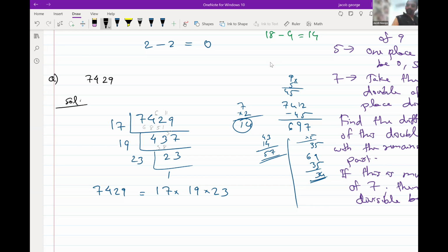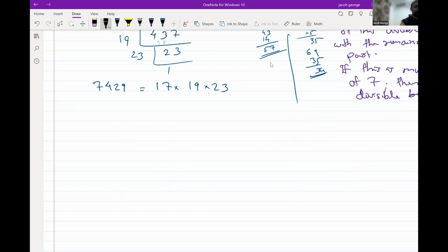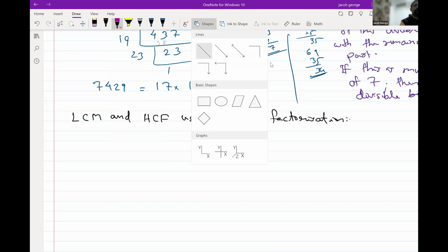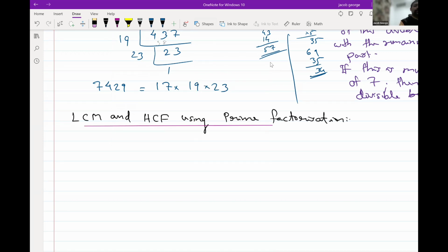So write the subheading: LCM and HCF using prime factorization. Please write the subheading.